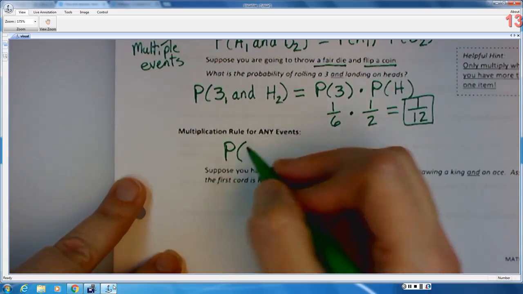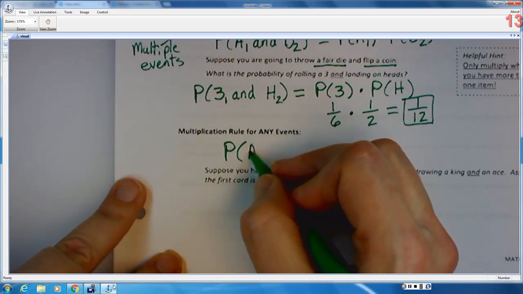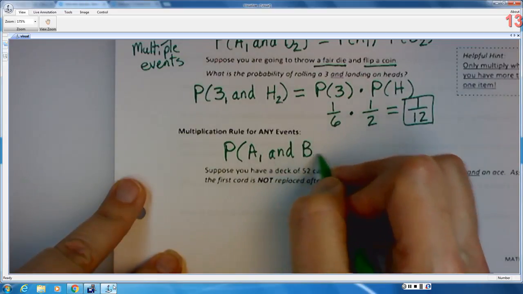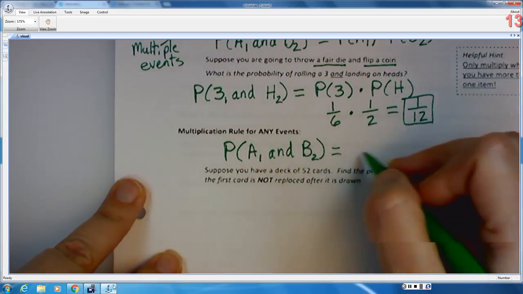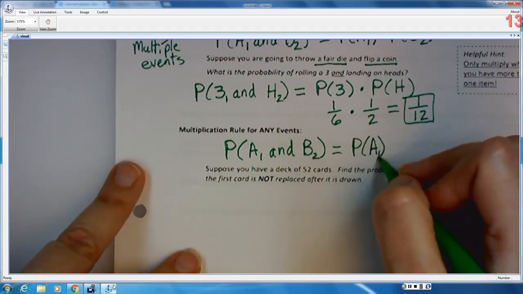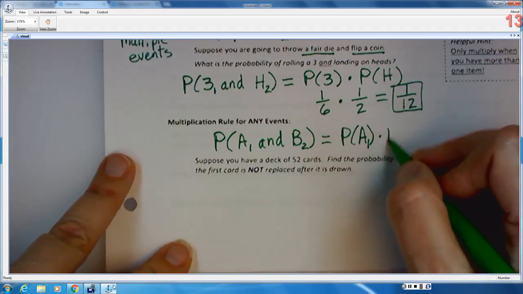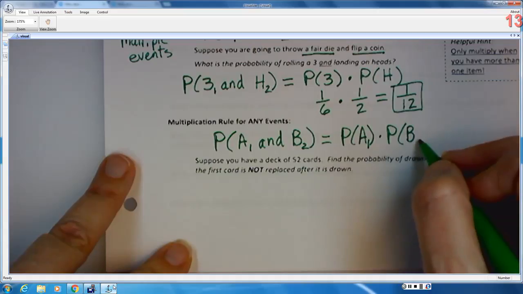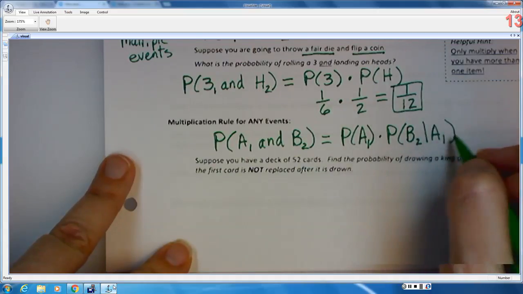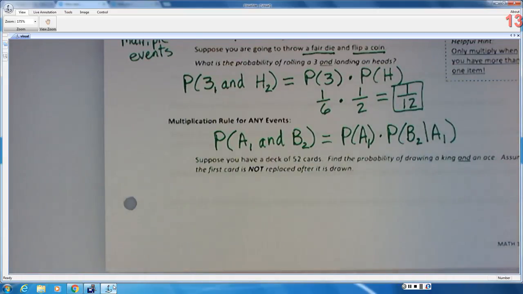Probability for any events A and B is probability of, even if they're not independent, A on the first pick times probability of B on the second pick, given A has already occurred on the first pick.